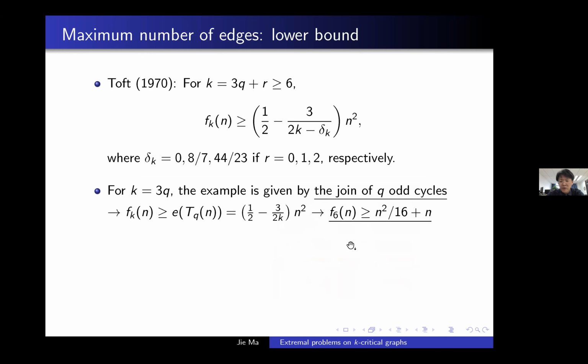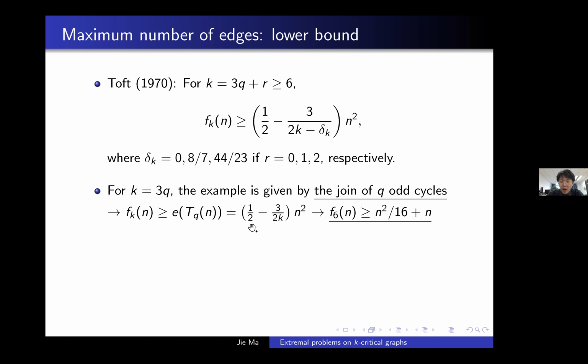Basically, it's a generalization of the direct construction, and it's kind of obvious to say this is a 3q critical graph. Then this tells us that f_k(n) will be at least the number of edges in a Turán graph, the q-partite Turán graph.